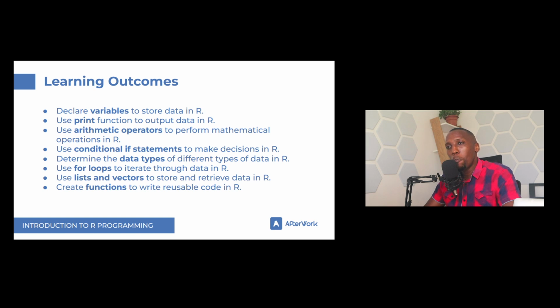Starting off, by the end of today, we are expected to have achieved these learning outcomes. We should be able to declare variables in order to store data in R. Variables are just temporary containers that we can later manipulate. So for instance, we could read a data set maybe from a CSV file or load a data set from an Excel file.